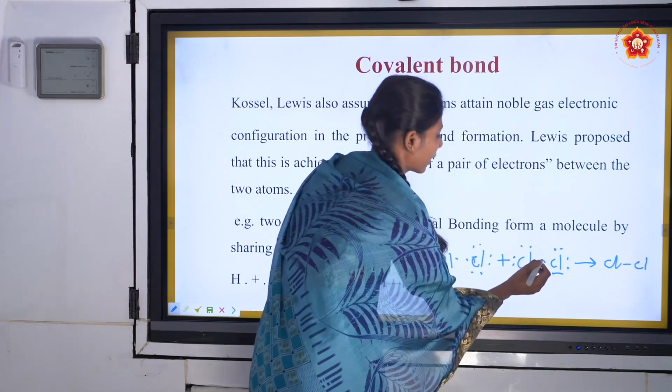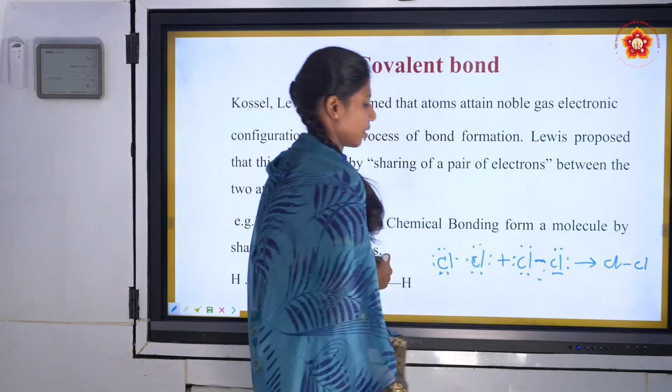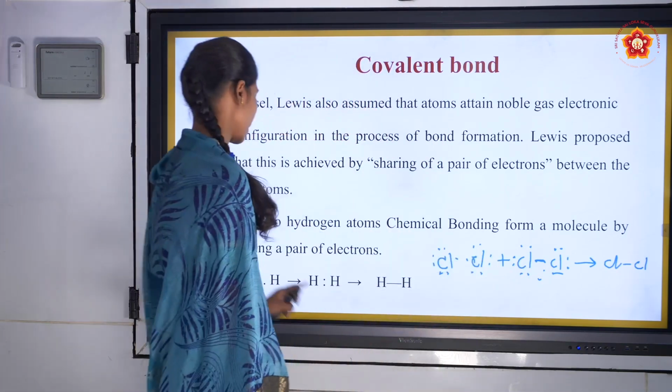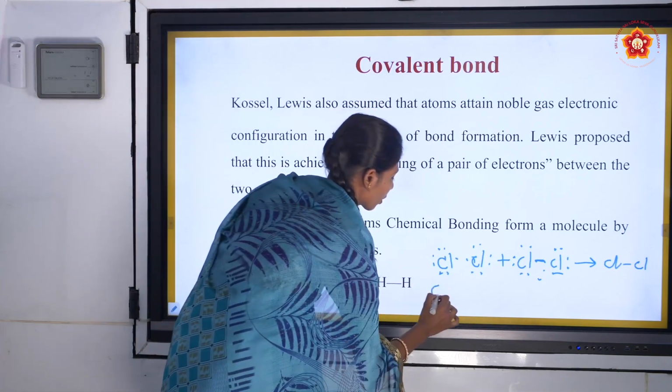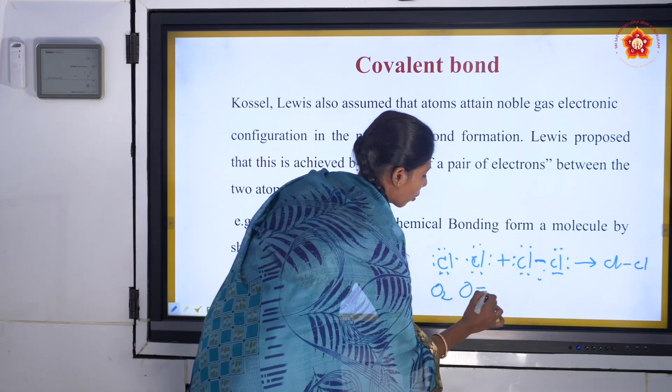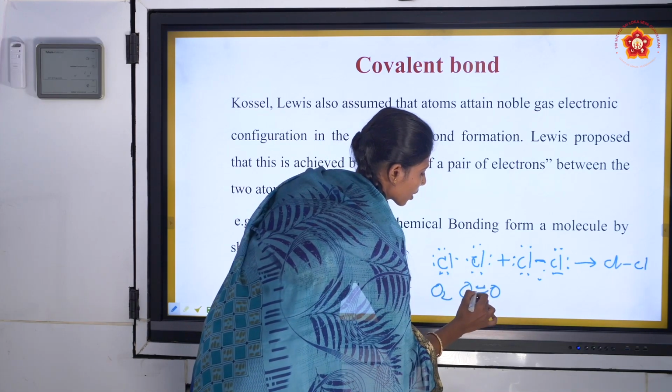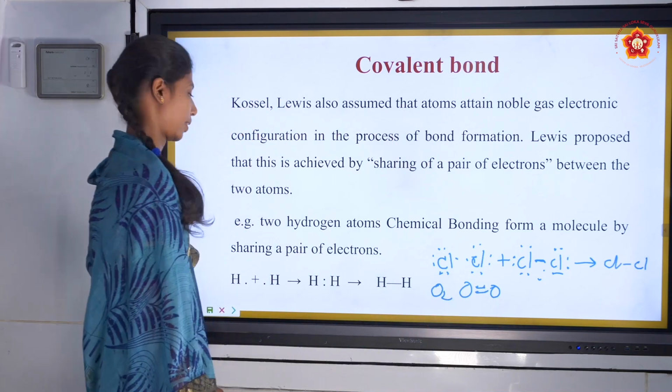See here, the bond will take place, two electrons form the bond. Next we take oxygen also, O2. A double bond will form. How many electrons are there? Four electrons will be present.